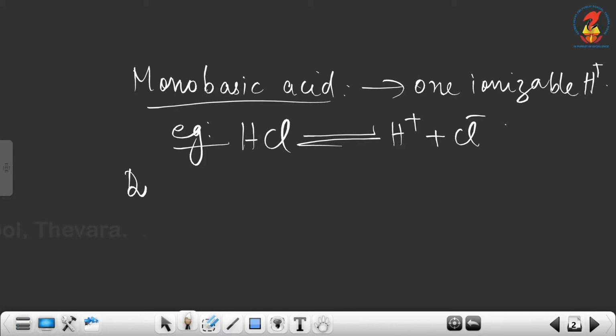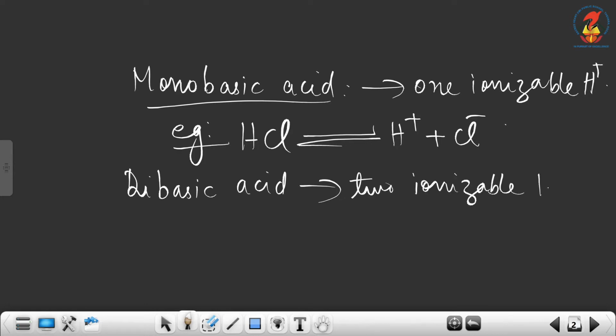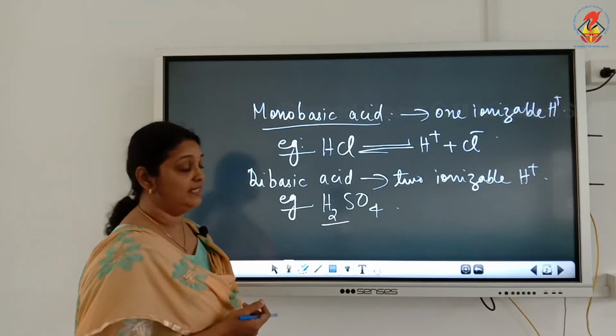Now, dibasic acids. Dibasic acid means there will be two ionizable protons. For example, H2SO4. We have two ionizable H+ ions, so it's a dibasic acid.